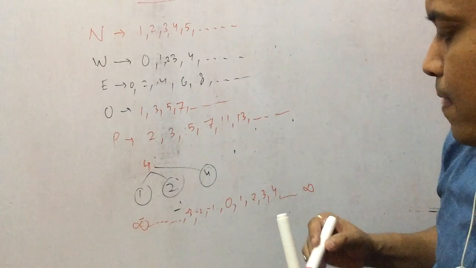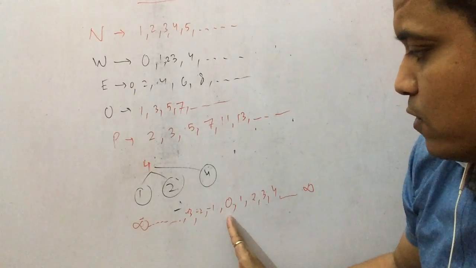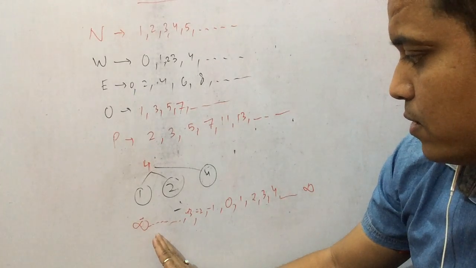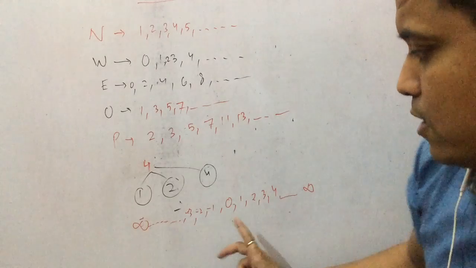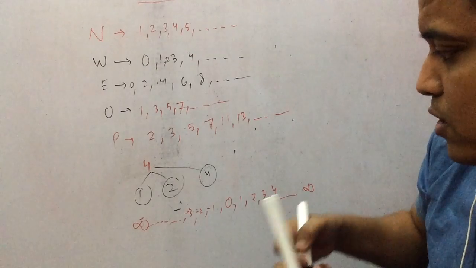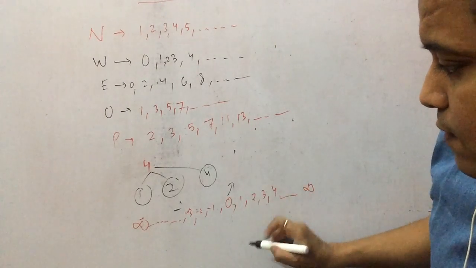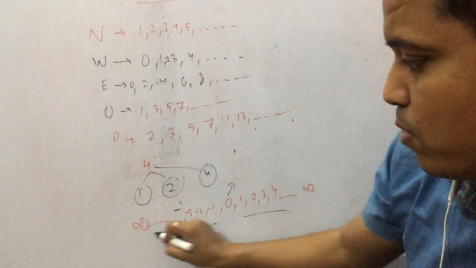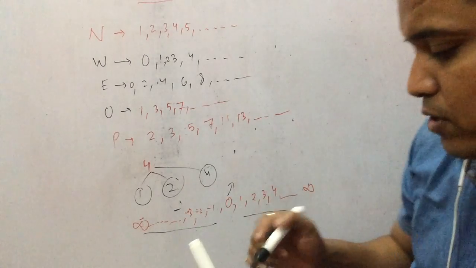So the left side of 0 we count as negative integers, and the right side of 0 we count as positive integers. So 0 is neither a positive nor a negative integer.